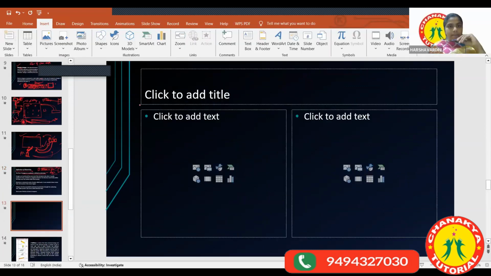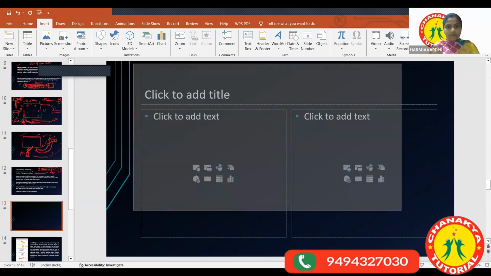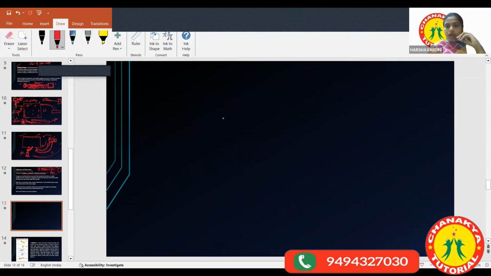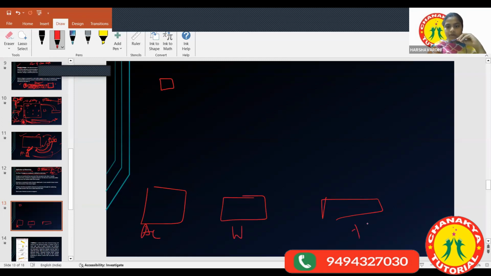Now tell me, I will be asking questions now. So there is a switch box. There are some four appliances. Take AC, washing machine, TV, fridge.